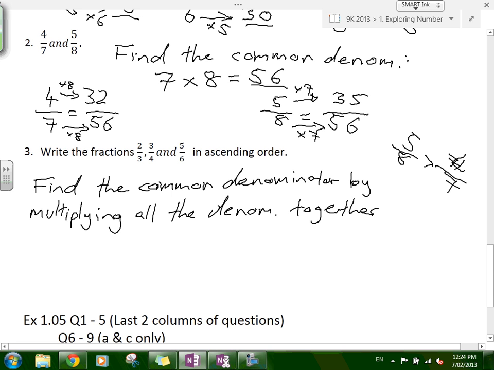So our common denominator is going to be, Frankie, what is it going to be? If we have to multiply all 3 denominators together.